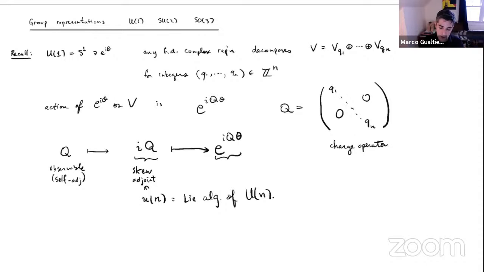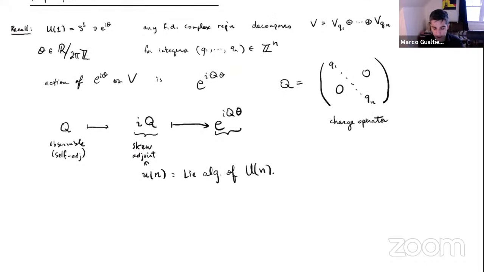We're thinking of theta as being in the real line, or you could think of theta as being in the real line mod 2πZ. So it's periodic: e^{iθ} is periodic with period 2π. And then we exponentiate this thing and we get a unitary operator.